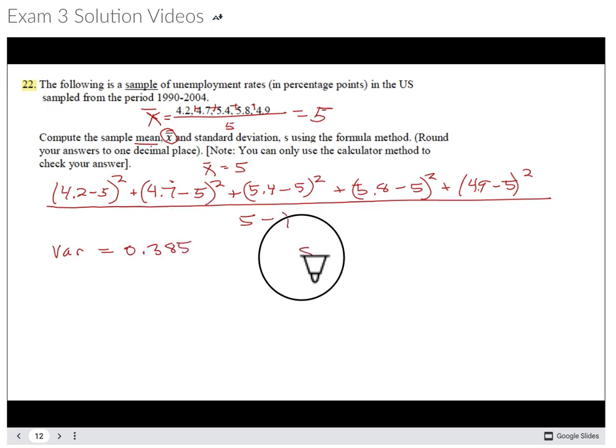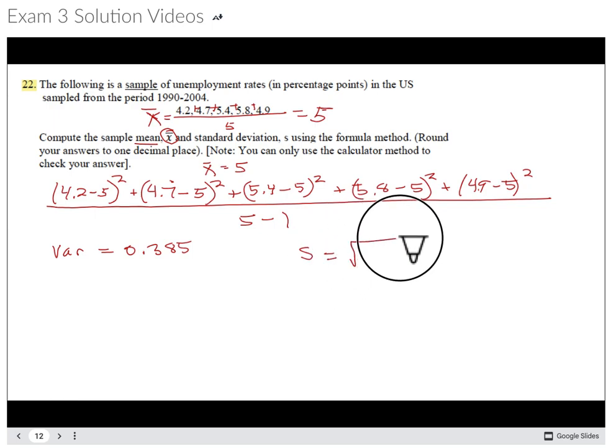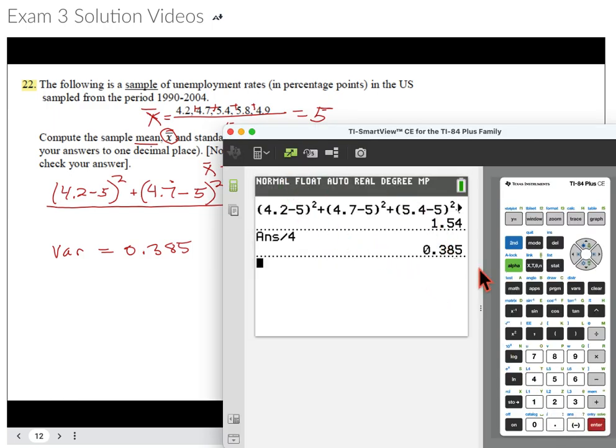And then our sample standard deviation, we'll call that just S, is the square root of 0.385. So write that. Second square root. We'll just pull up the answer, put it in there.